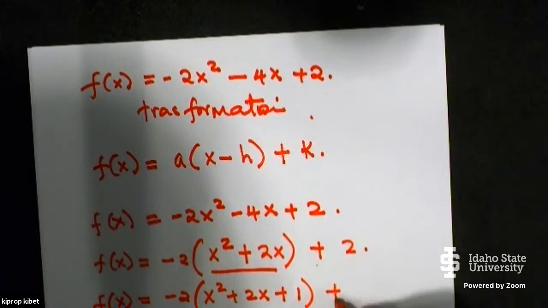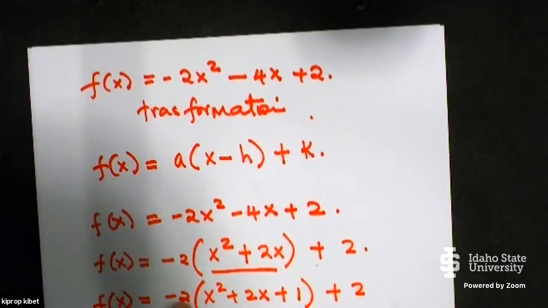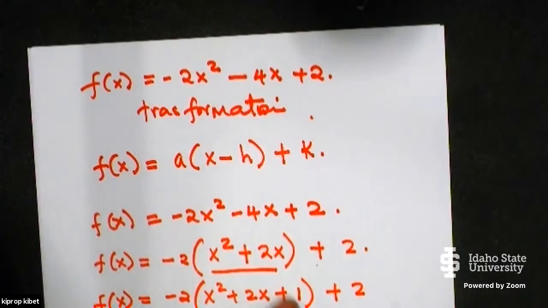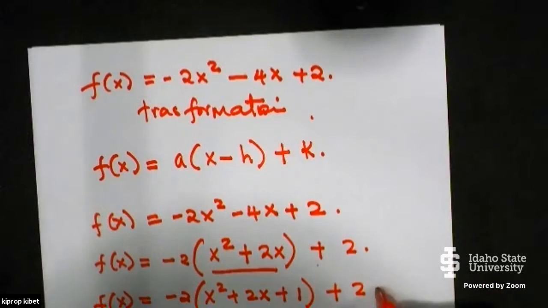And then plus 2. Now when you open the brackets here, the last constant will be minus 2, right? So what do you do so that when you open these brackets, it removes the one which is here? You add 2 on this side.